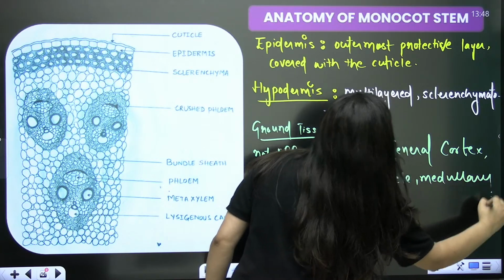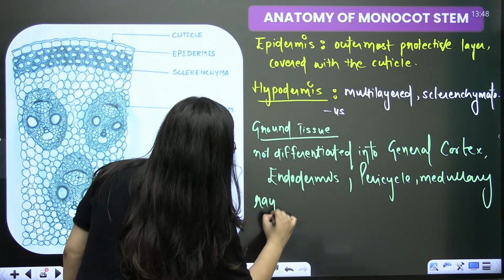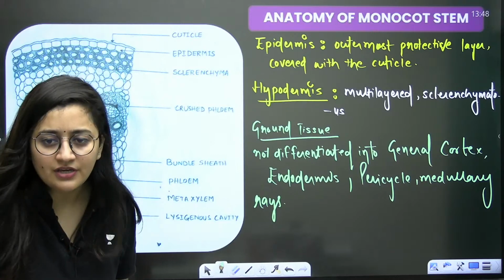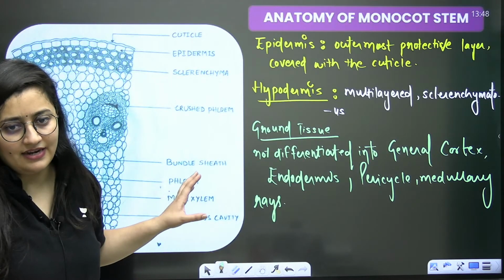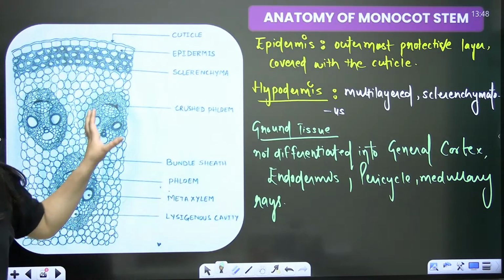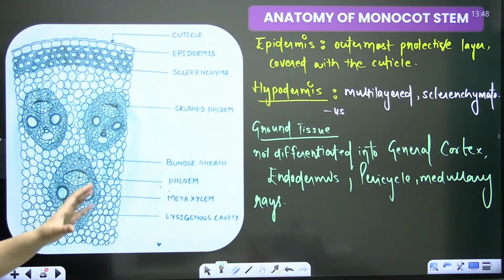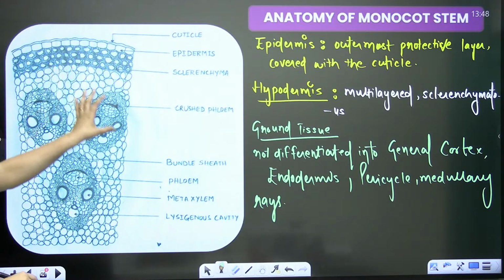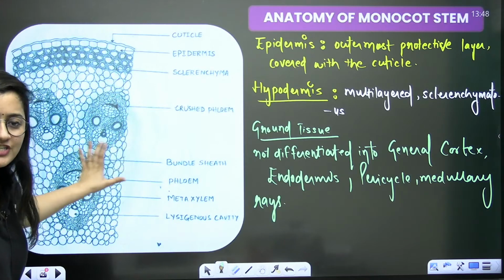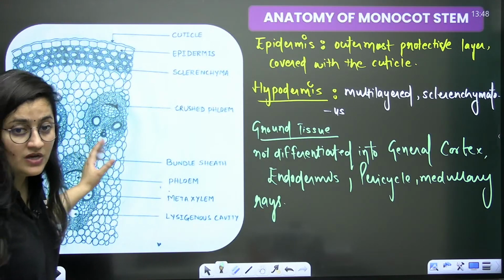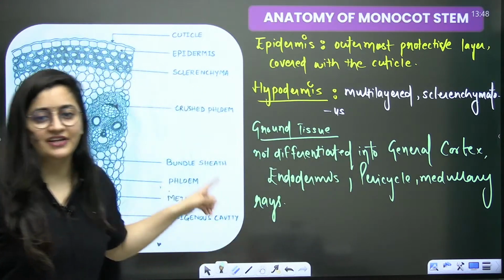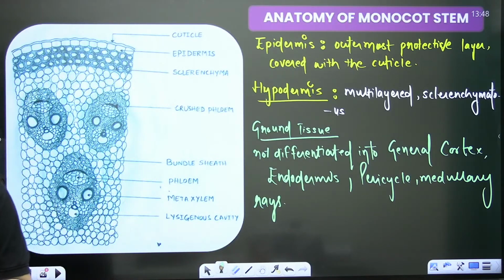Fine, bache? So ultimately, no doubt, ground tissue is there. It is large. It is parenchymatous. It is conspicuous, but it is not differentiated there. Done, bache?